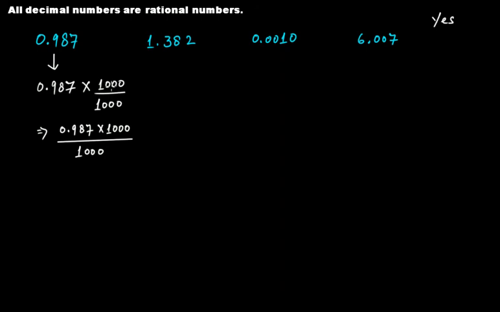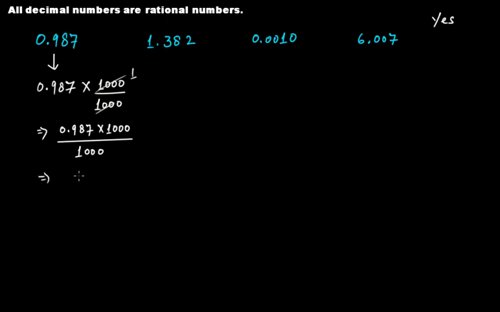If you're wondering why I have multiplied by 1000, check how many digits are after the decimal point. After the decimal point we have 1, 2 and 3. So I have multiplied by 1000. Since I have multiplied by 1000, I have to divide also by 1000 in order to neutralize it. That is, the value 0.987 should not change, because if you solve it, this will come as 1 only. So 0.987 times 1 is actually 0.987 only.